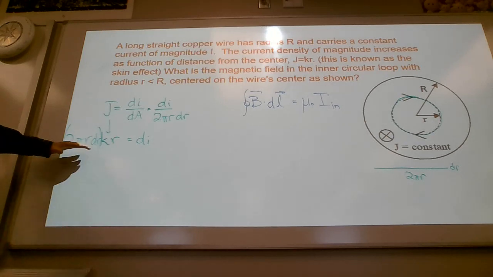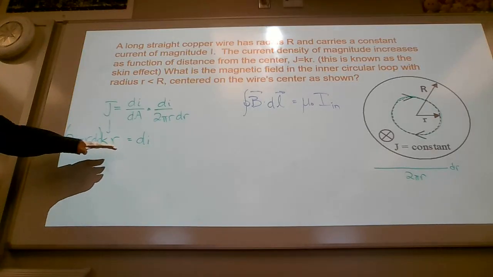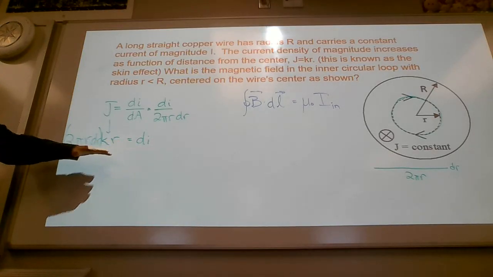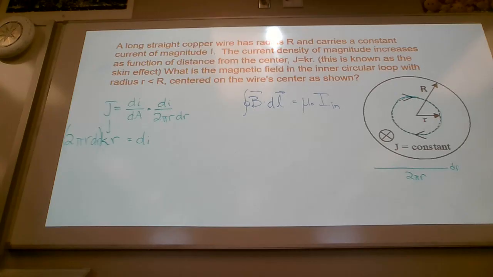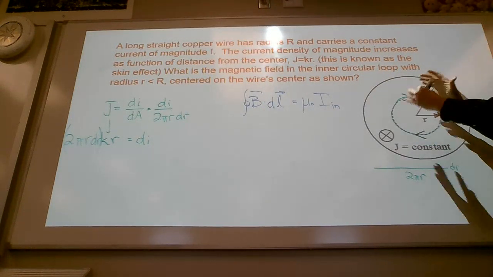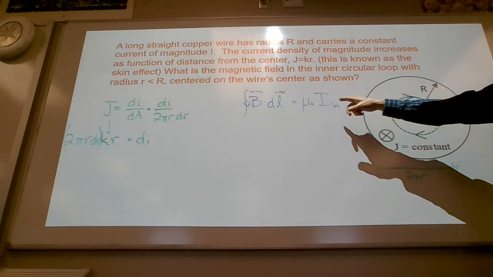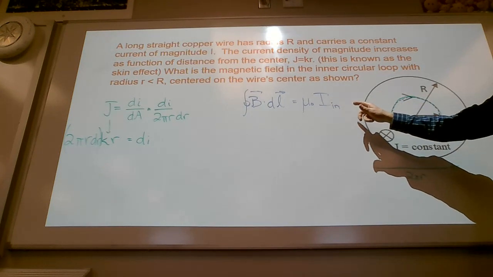Can I just plug this straight into that? What is this dI? Yep, it's the amount of current running through just the green part. I need to add up all these little chunks before I can plug it into here. Does that make sense?